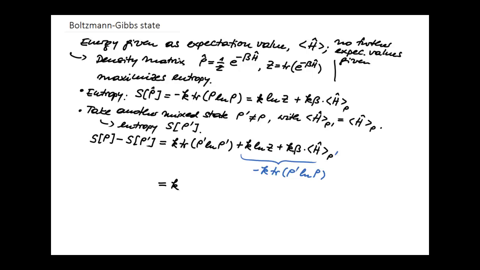It's the quantum version of relative entropy. This is the relative entropy of rho prime and rho. And I told you on the last problem set that the relative entropy of two density matrices is always larger or equal to 0. This is never negative.